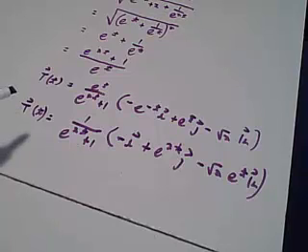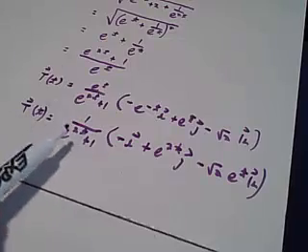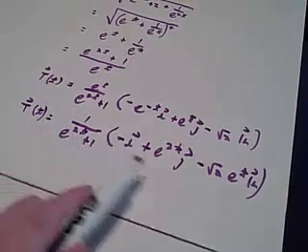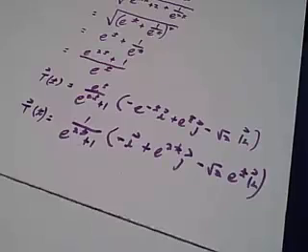Now we need to find N of t, which is T prime divided by the magnitude of T prime. Since T is a scalar function times a vector function, we're going to apply the product rule.